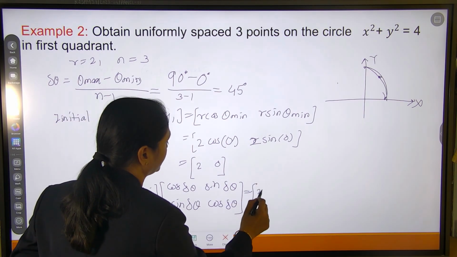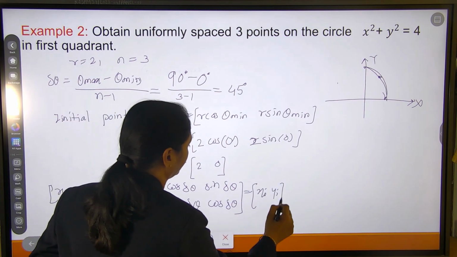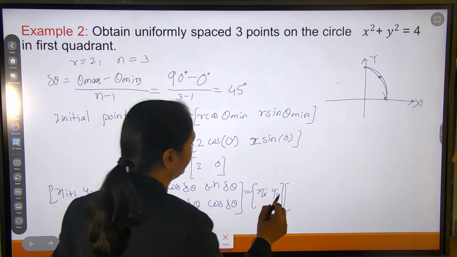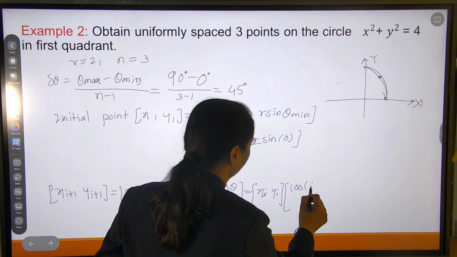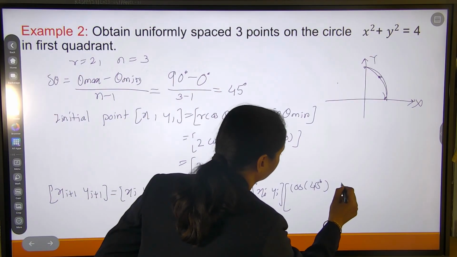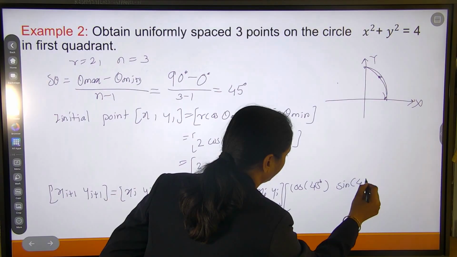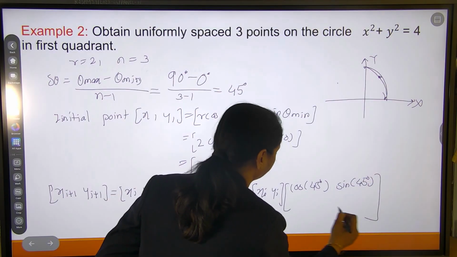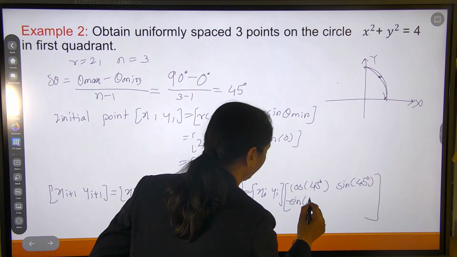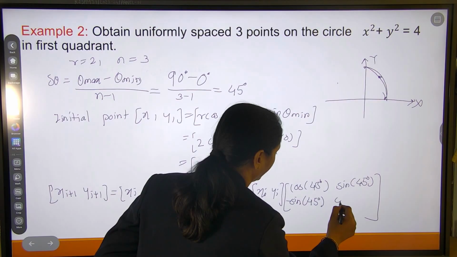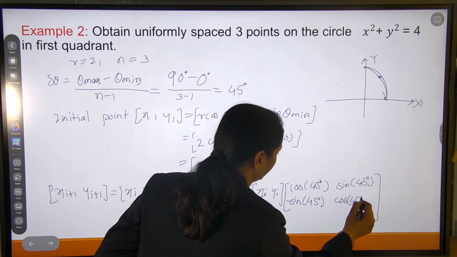Now the delta theta is 45 degree. So cos 45 degree, sin 45 degree, minus sin 45 degree and cos 45 degree.